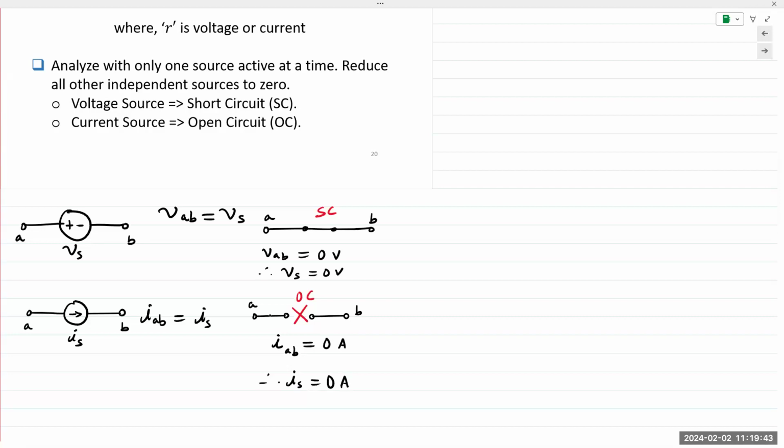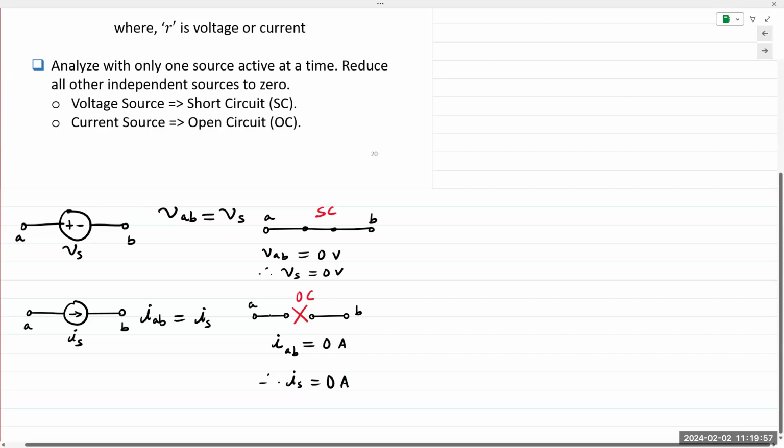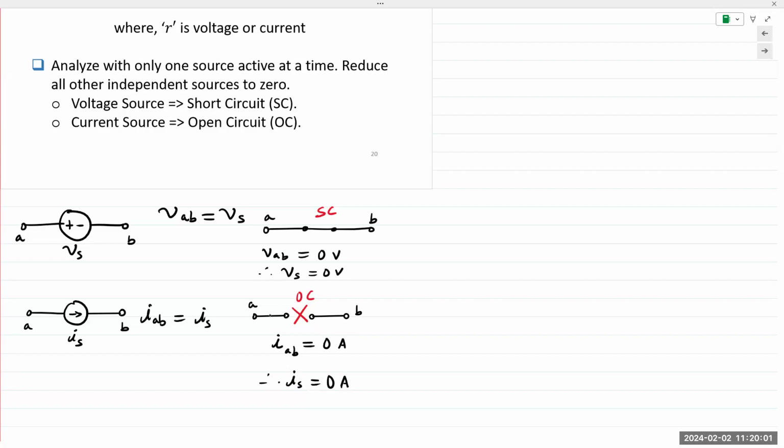Any questions? One important point, we can only reduce independent sources to 0, the ones that are enclosed in a circle, not dependent. Dependent sources are the diamonds. Remember from the first week of class, dependent sources depend on some other quantity in the circuit.